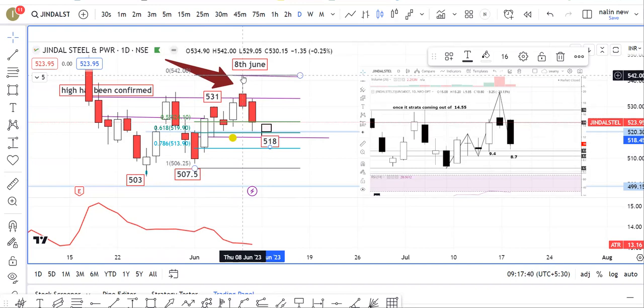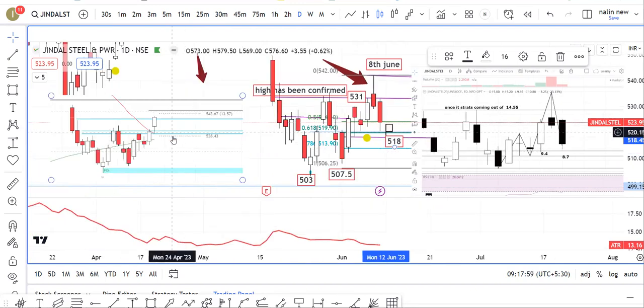So this is a normal price reaction. So when price comes to 518 to 514, one should not panic. Why I'm discussing this is, let me go back to this.